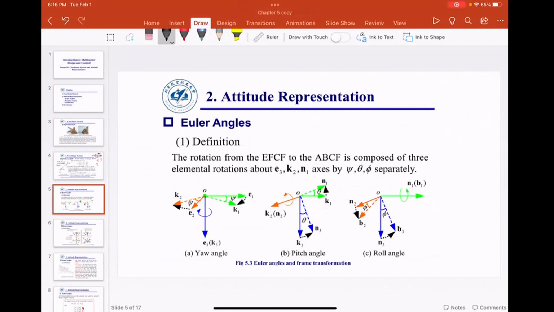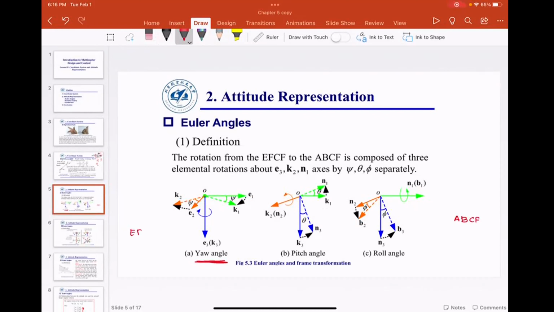And I would actually talk about this in a little bit more detail. So think about it like initially you have this Earth fixed coordinate frame, and what you want to do is go from the Earth fixed coordinate frame to the aircraft body coordinate frame.